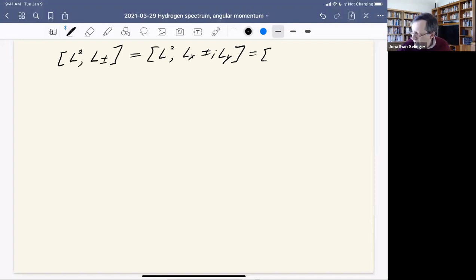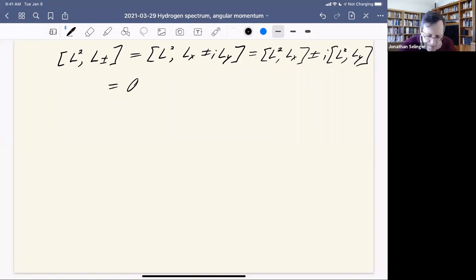So that's the commutator of L squared with Lx, plus or minus I times the commutator of L squared with Ly. But we know those things. The commutator of L squared with Lx is 0. The commutator of L squared with Ly is 0. So this whole commutator is 0. L plus and minus commute with L squared.